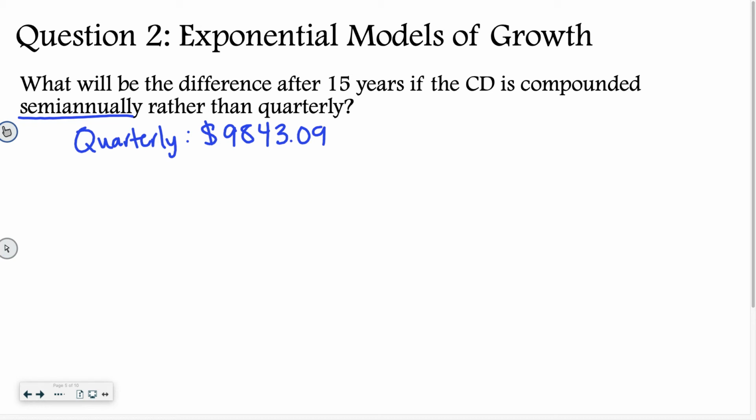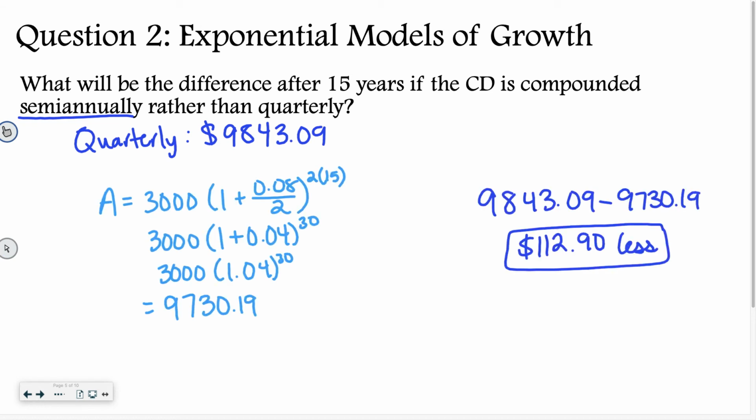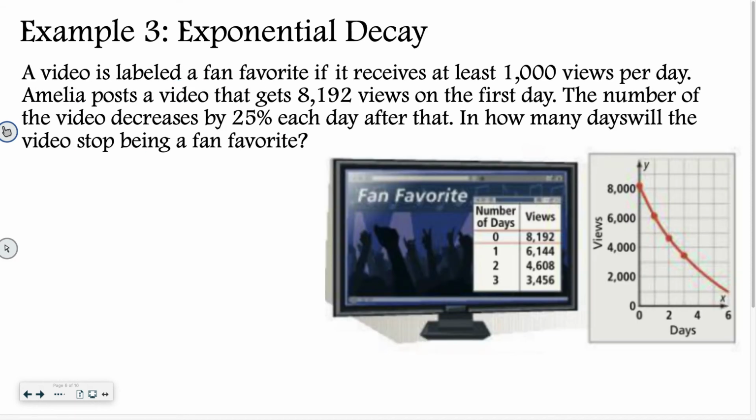Good luck. Okay, so when you solve this problem, hopefully for the semi-annually, you ended up at $9,730.19. And when you figured out the difference, remember difference is another word for subtraction. So I did my quarterly minus my semi-annually, and I noticed that my semi-annually earned $112.90 less than the quarterly compounded interest.